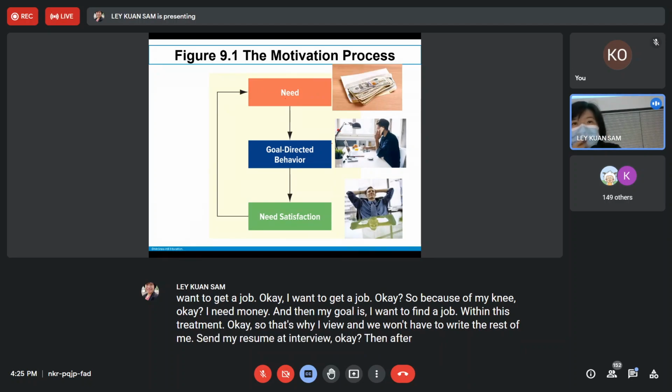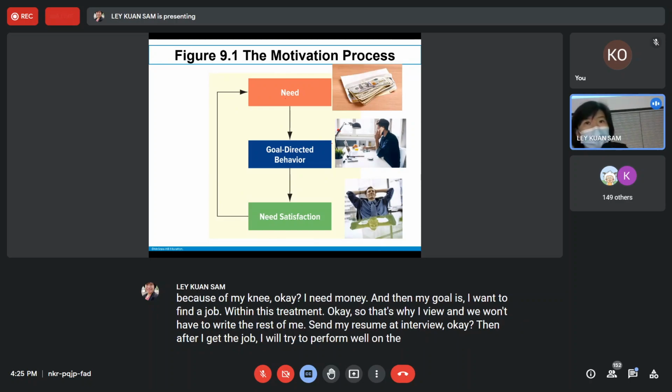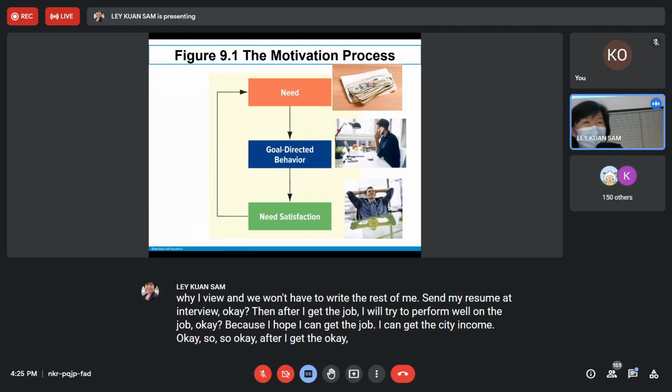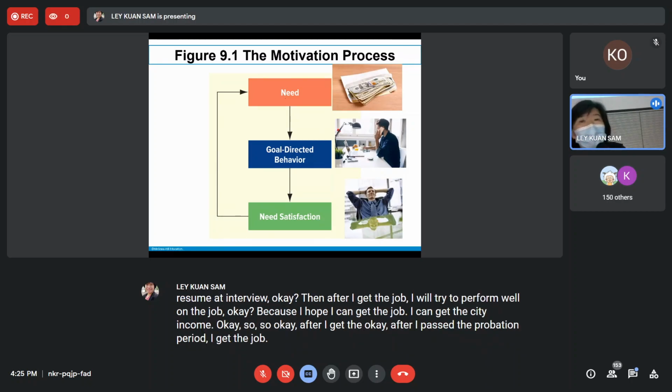After I get the job, I will work hard and try to perform well on the job, because I hope I can get a stable job and a steady income. After I pass the probation period and get the job, every month I can get my salary, right?